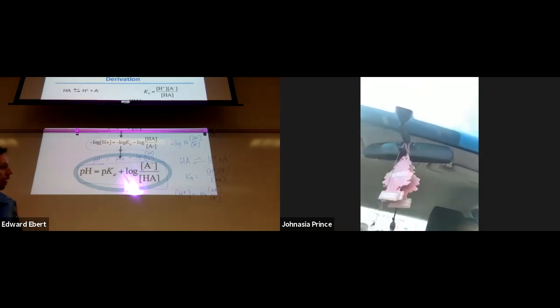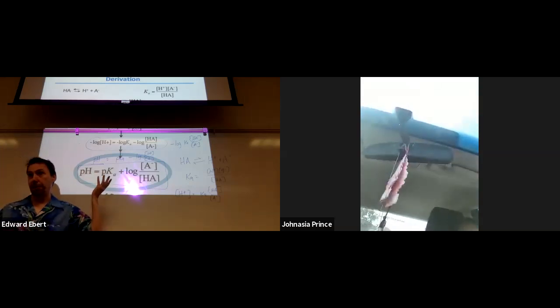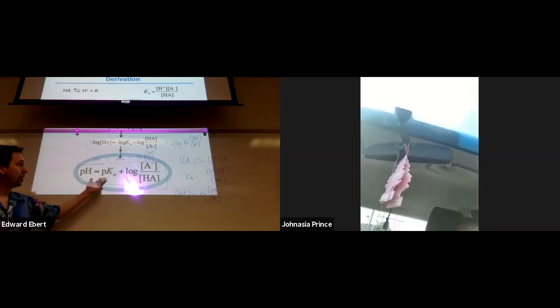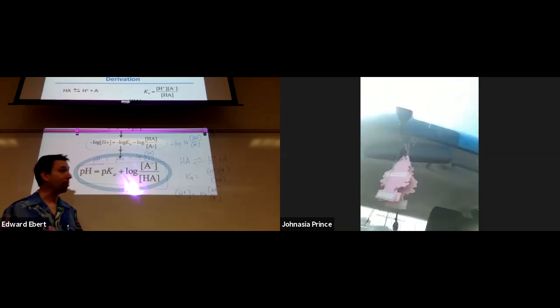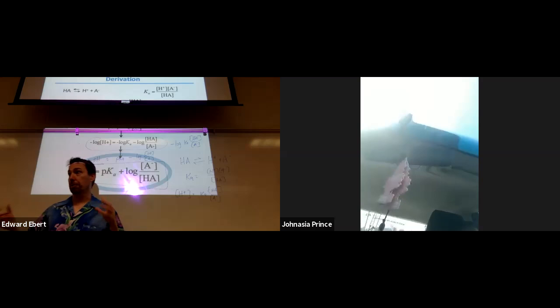Again, just keep in mind pH tells us how acidic or how basic our compound is. Our pKa is specific to our particular weak acid that we're utilizing, and we're just looking at the undissociated versus the dissociated portions of the weak acid that we're using.